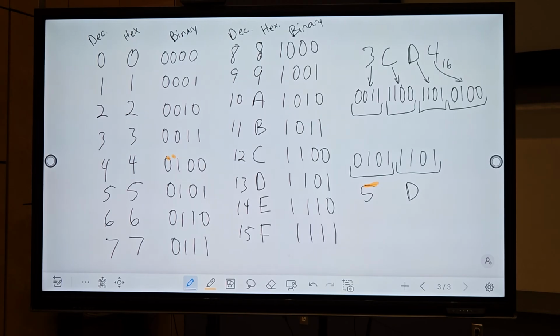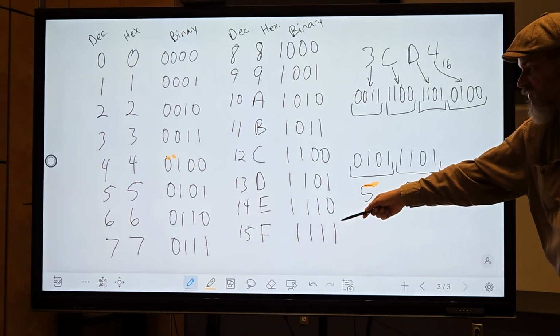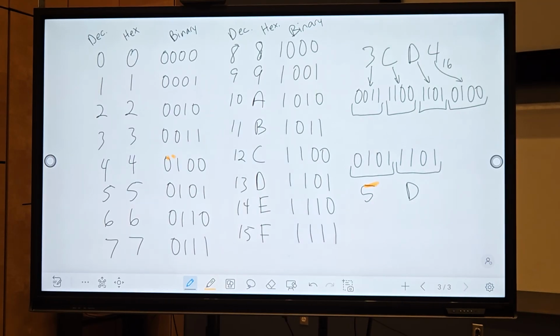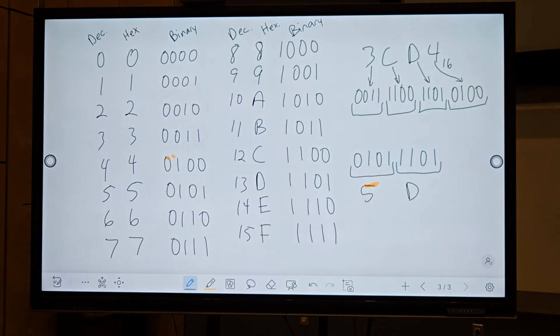Again, it's just simple substitution. So I strongly recommend writing this chart down so you can have that as a reference for quizzes and tests and future classes.